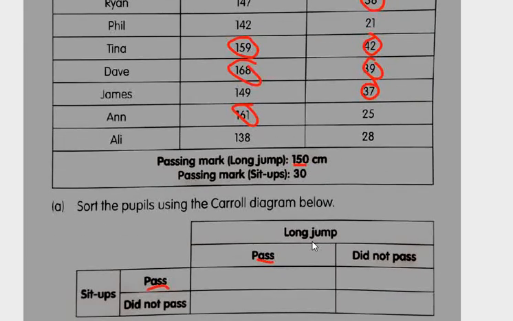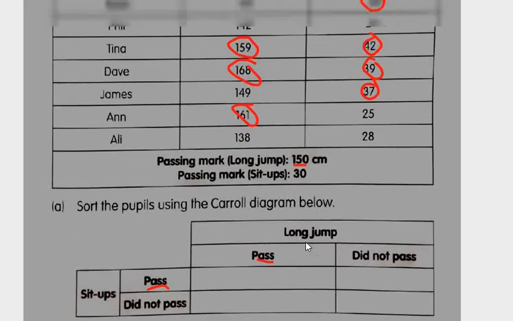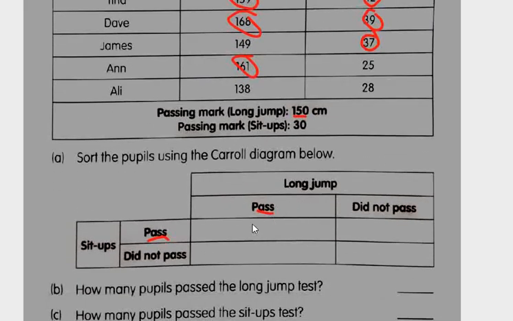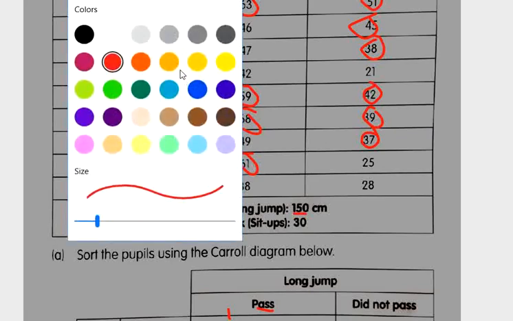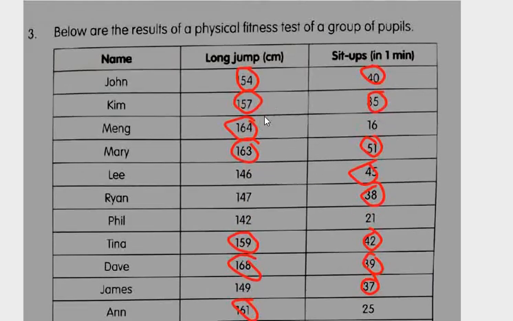So here the data. Now this one and this one is connected. So let's find all the data that have connection. Both are pass. Okay, just like this.